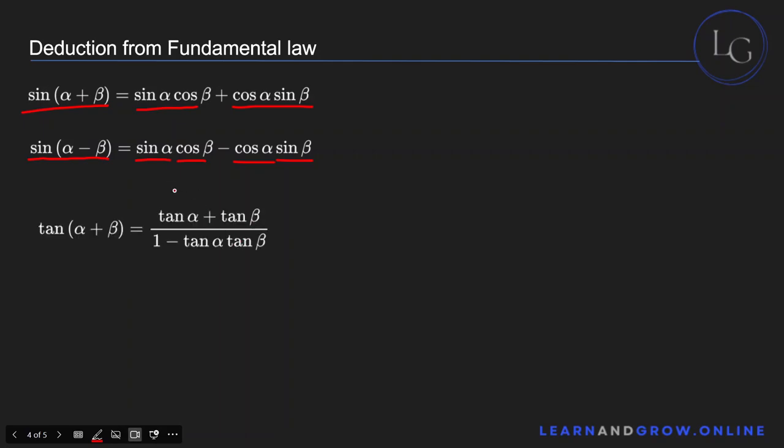And you can apply the fundamental law as well, because tan alpha plus beta is equal to, obviously, sine alpha plus beta over cos alpha plus beta, right? And the simple thing is that once you actually perform all the conversions and apply the identities on both of these, you eventually end up with this.